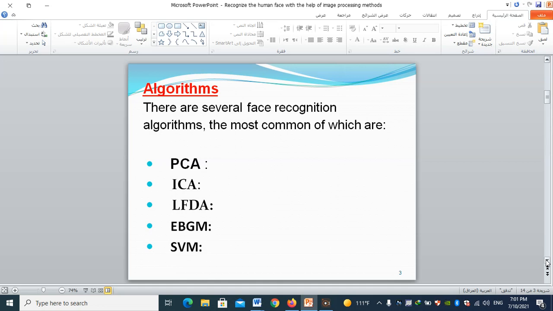The last one is SVM, support vector machine, which can be used for classification or regression problems. It uses a technique called the kernel trick to transform your data, and then based on this transformation it finds an optimal boundary between the possible outputs.